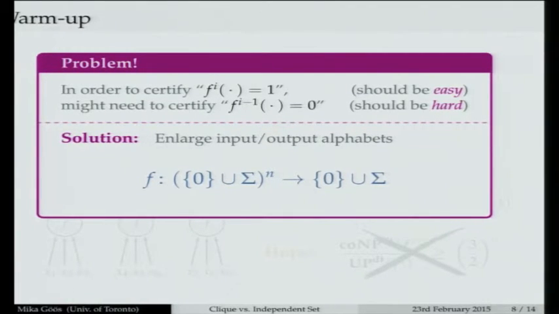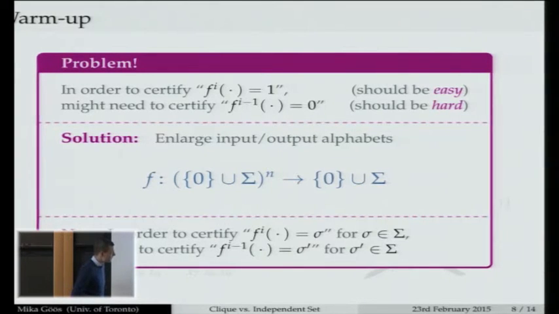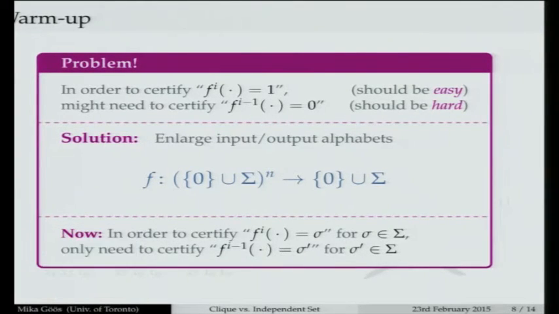So I'm going to consider functions that are now, instead of Boolean, I still have this hard-to-certify symbol 0, but instead of just the symbol 1, I have now many symbols in this set sigma that we think of as easy to certify. So the intuition is that if I take a function like this and I start recursively composing it with itself, then I don't run into trouble.